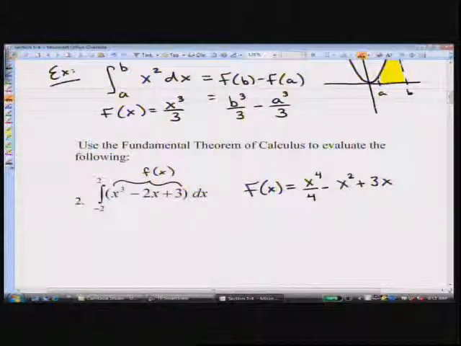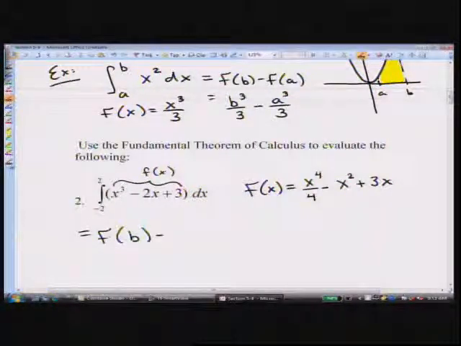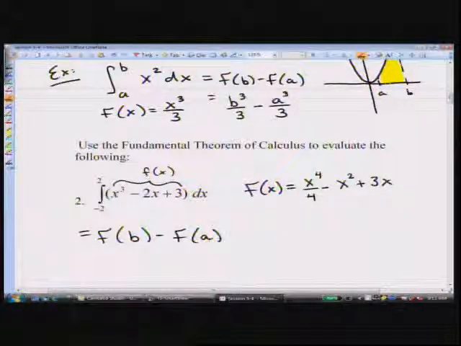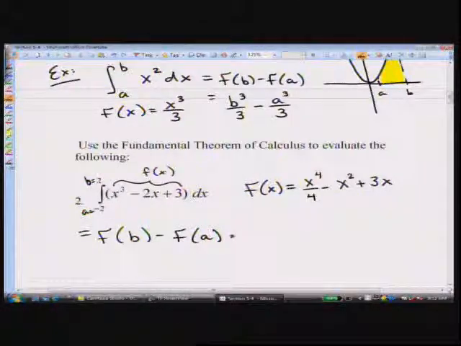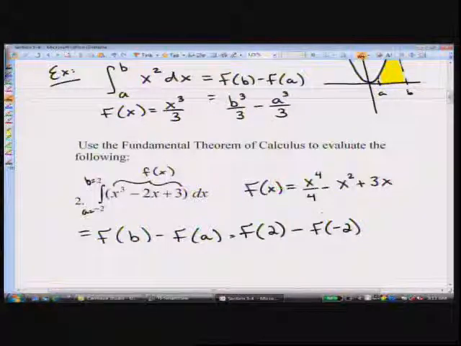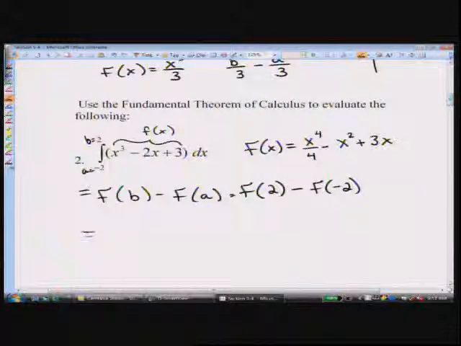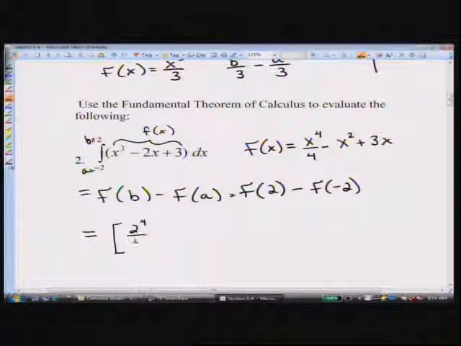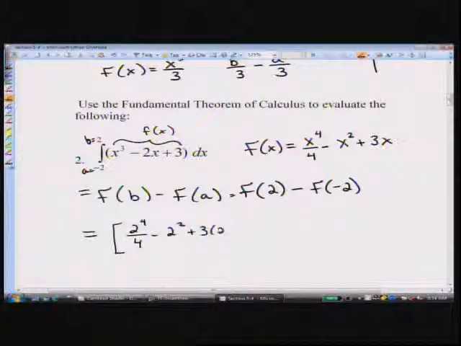All right, so this definite integral is F of b minus F of a, where b is the top limit and a is the bottom limit. So this is going to be big F of 2 minus big F of negative 2. But we know what big F is. It's the antiderivative here. So this is going to be equal to 2 to the fourth over 4 minus 2 squared plus 3 times 2.